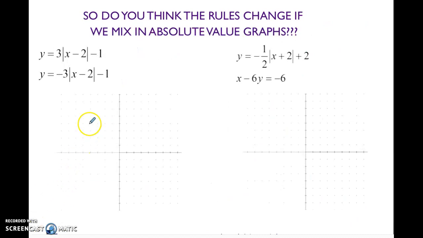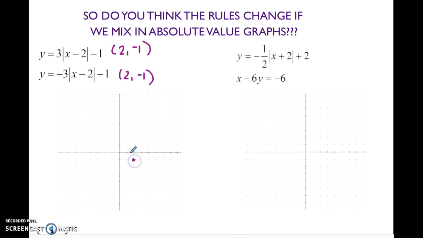All right. So if we just mix in an absolute value example, again, this 3.1, even though it's not officially on your test, it's very helpful for Unit 2, because you are going to have to graph these concepts in Unit 2. So if I look at this graph, I would say I have a vertex at 2, negative 1, and I have a vertex for this one at 2, negative 1. So I'm going to graph this one first, 2, negative 1.